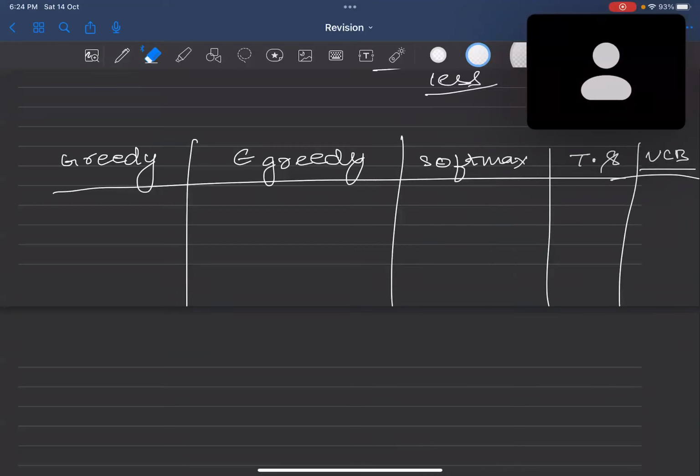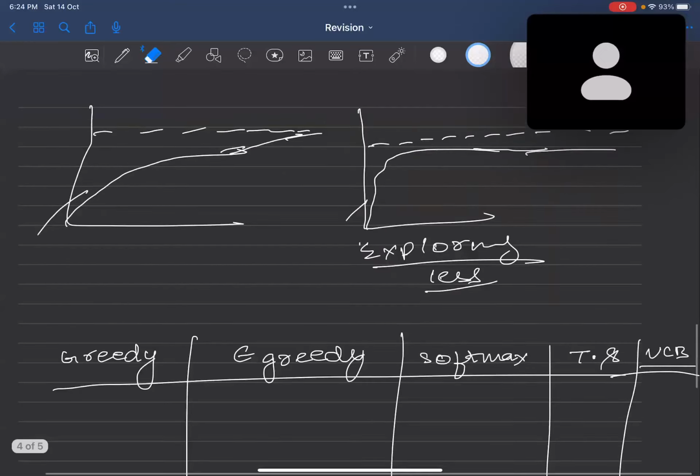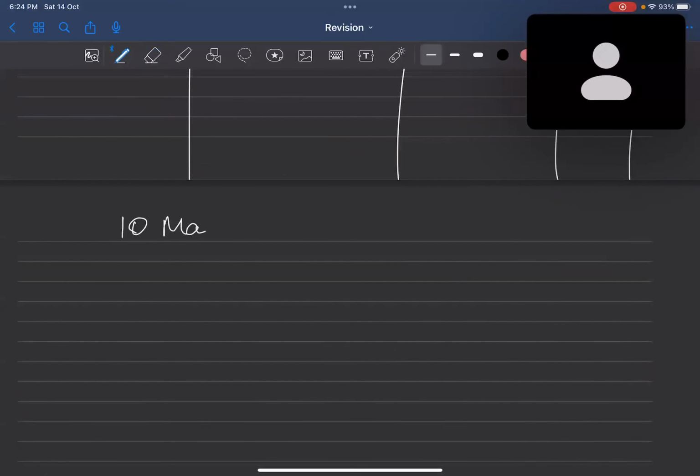See, I only know the method, madam. Assume that we have 10 bandit machines, and you sample each machine once and find out the maximum return in one sample each, and whichever is the machine, you keep on pulling it.